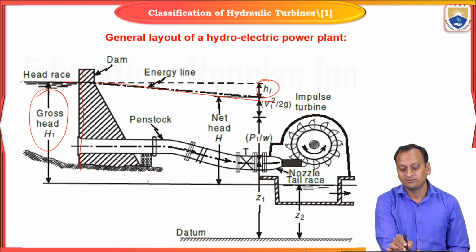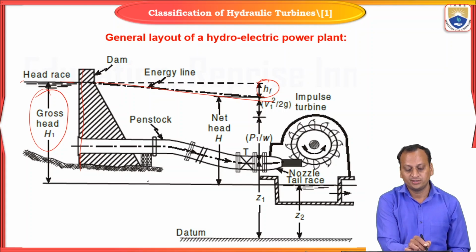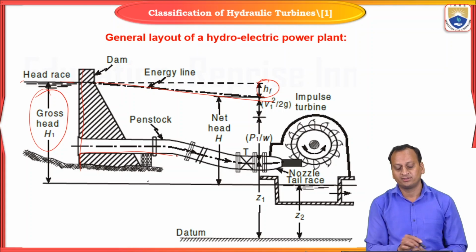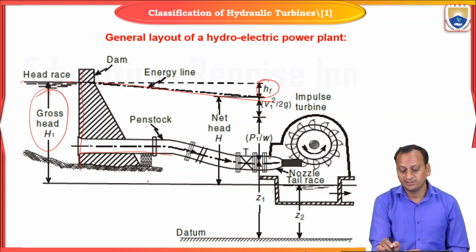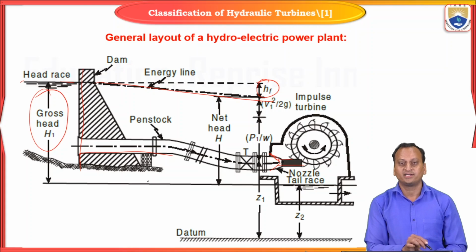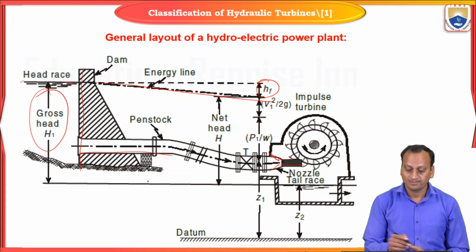Therefore, the energy of the water before hitting the turbine varies like this. This is a penstock, a pipe conveying the water from the reservoir to the turbine inlet. At the exit, here we are using a converging nozzle. In the case of a Pelton wheel turbine, if you use a converging nozzle, converting all the available energy of water into only kinetic energy, we can call it an impulse turbine.